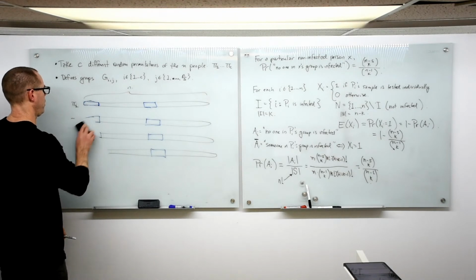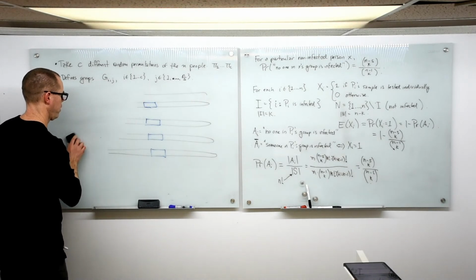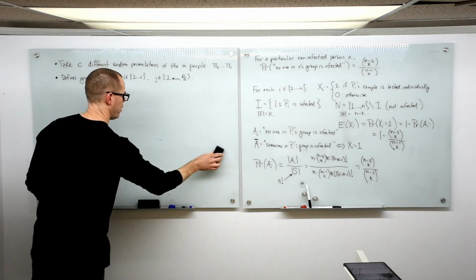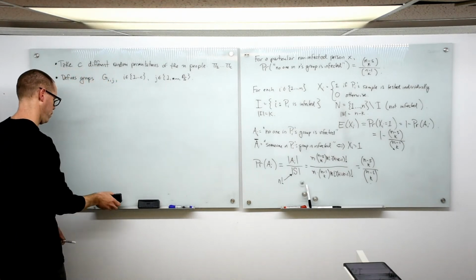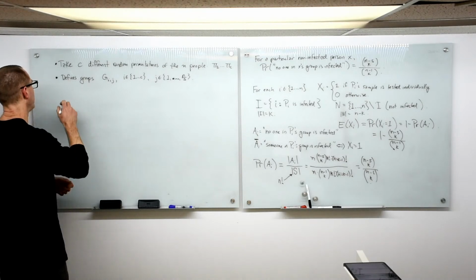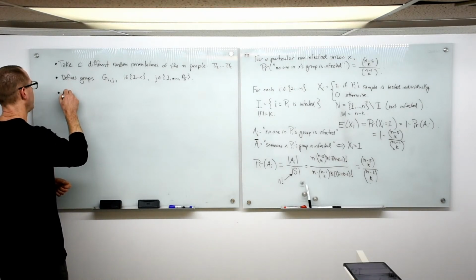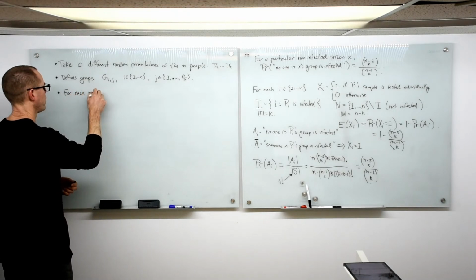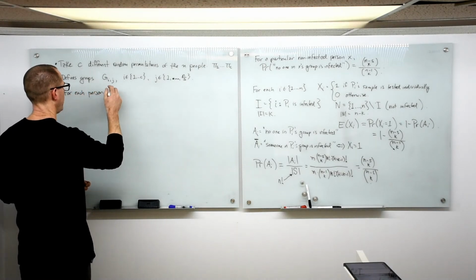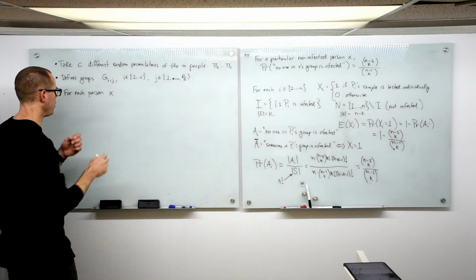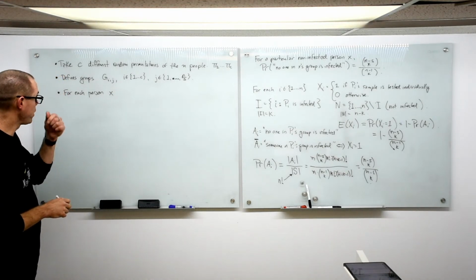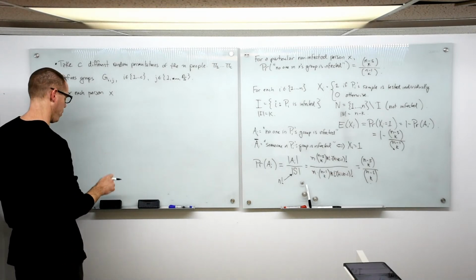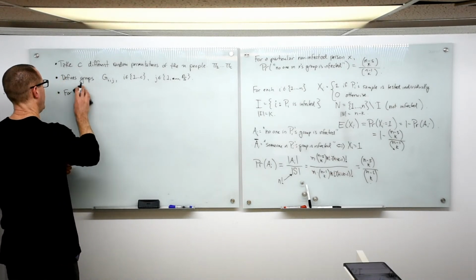So now you say, for each person, we've been calling individual people X. So for each person X, no, not, sorry, not yet.